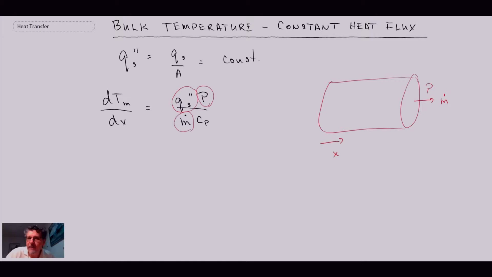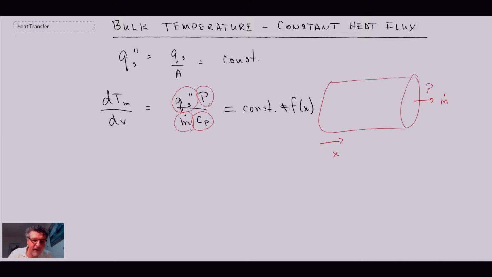If we assume that the temperatures are not varying that significantly, we can make an approximation that Cp is a constant. What that tells us is that this is equal to a constant, and it is not a function of x. That's an interesting result.